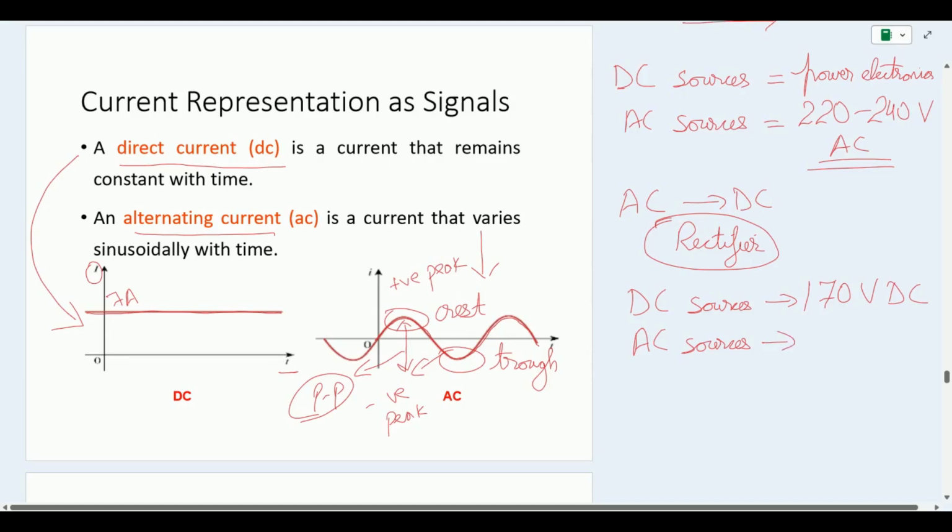On the other hand, AC voltages are very dangerous because even a simple 25 volts or more than that can give you a shock or tingling effect, or you can get paralyzed. So it's always safe not to directly touch the sources. Even if you are performing your lab experiments, you should have protective gear on. Wear those protective gears before you do the experiments. So this is extra information for you.